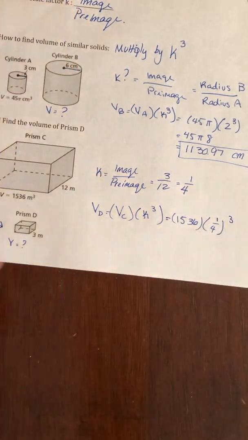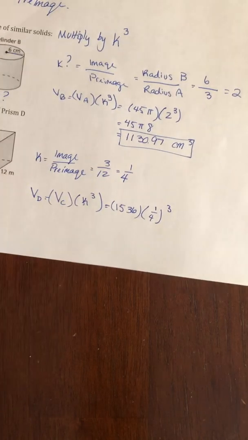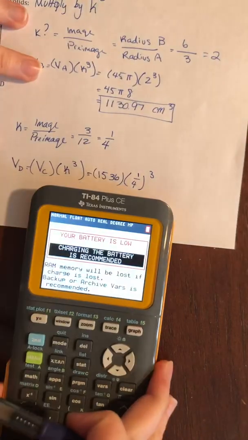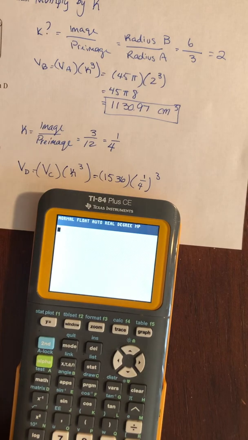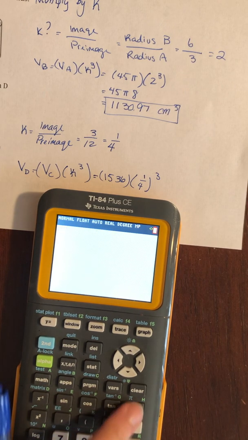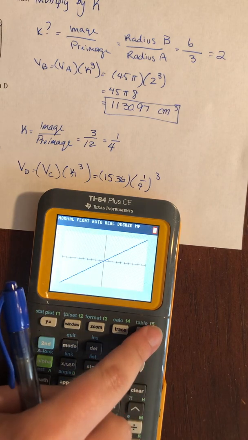1/4 cubed. Keep in mind when you cube something like that, put it in your calculator as 1536 times and then the whole thing cubed, all right?